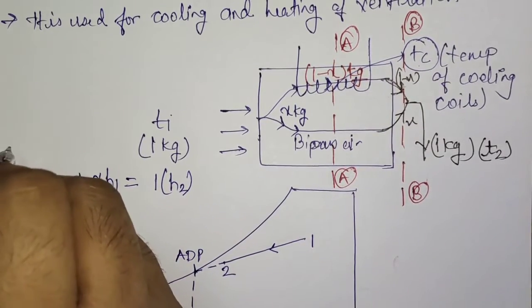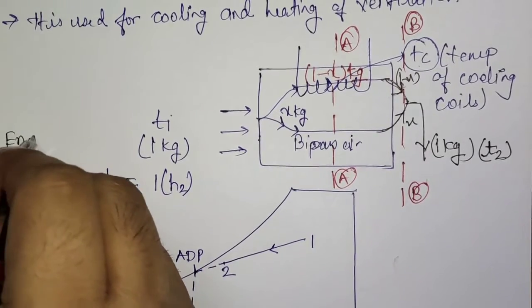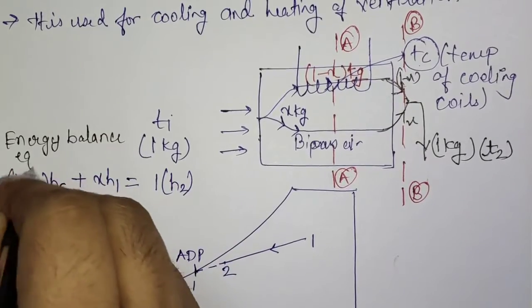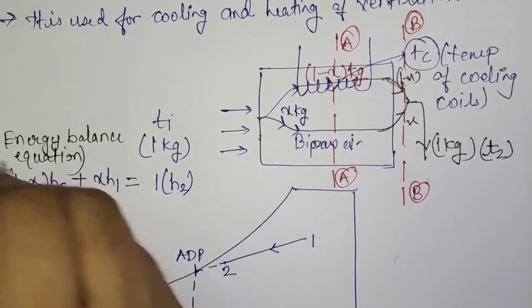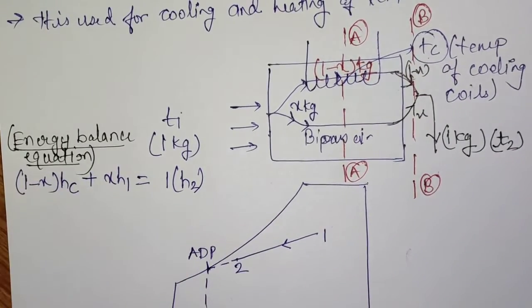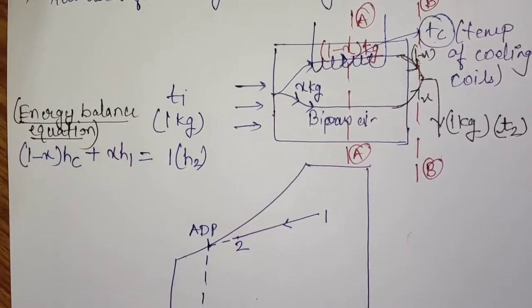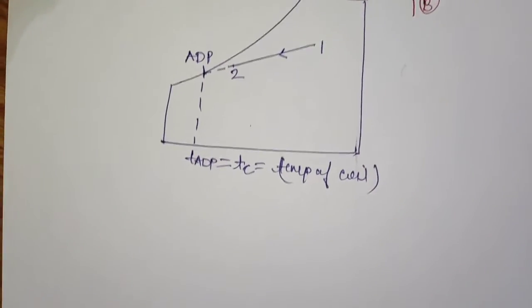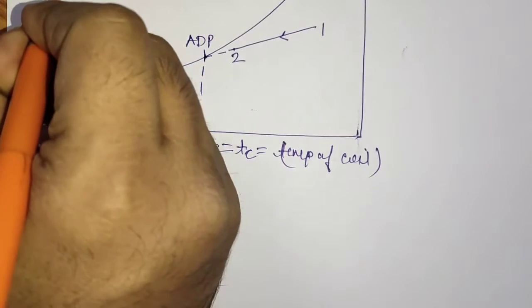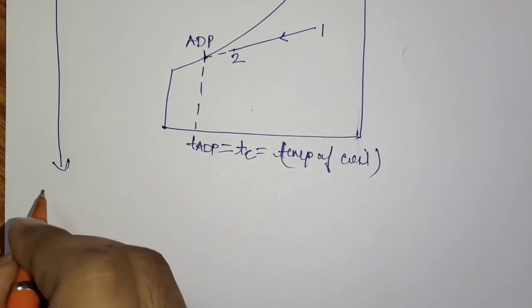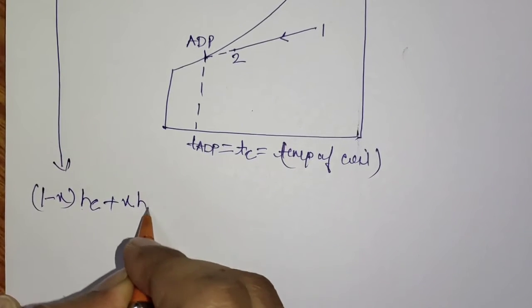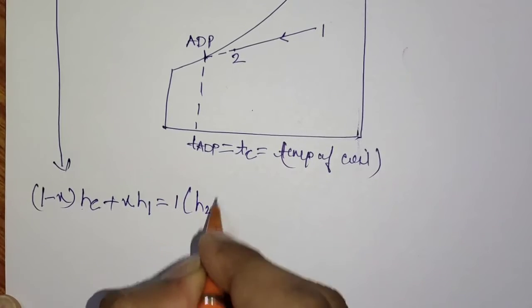This is the energy balance equation. I will write it again: (1 minus x) Hc plus x H1 equals 1 into H2.